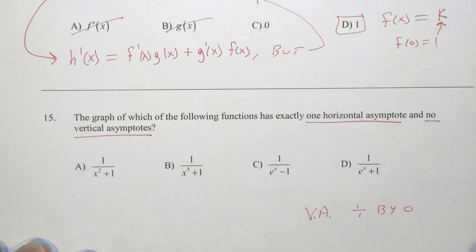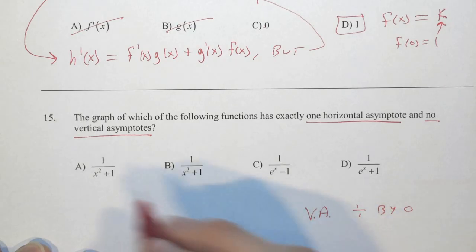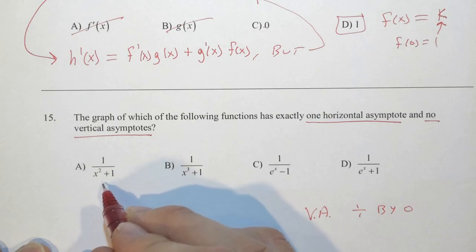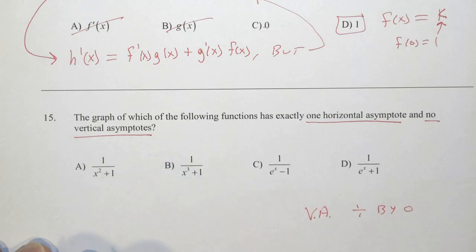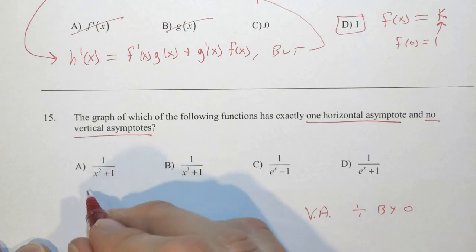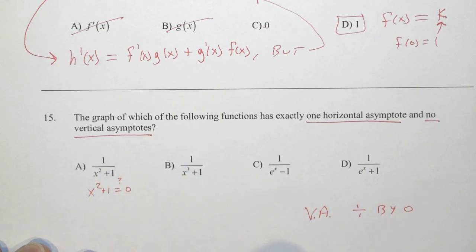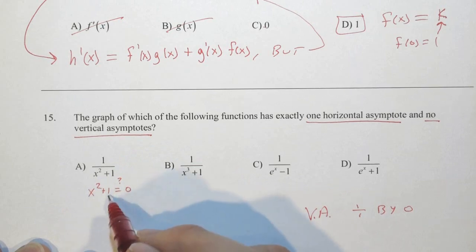Well, let's take a look at this. Is it possible for x squared plus 1 to be equal to 0? No, it's not. If you square a number and add 1, you're always going to get a positive value.